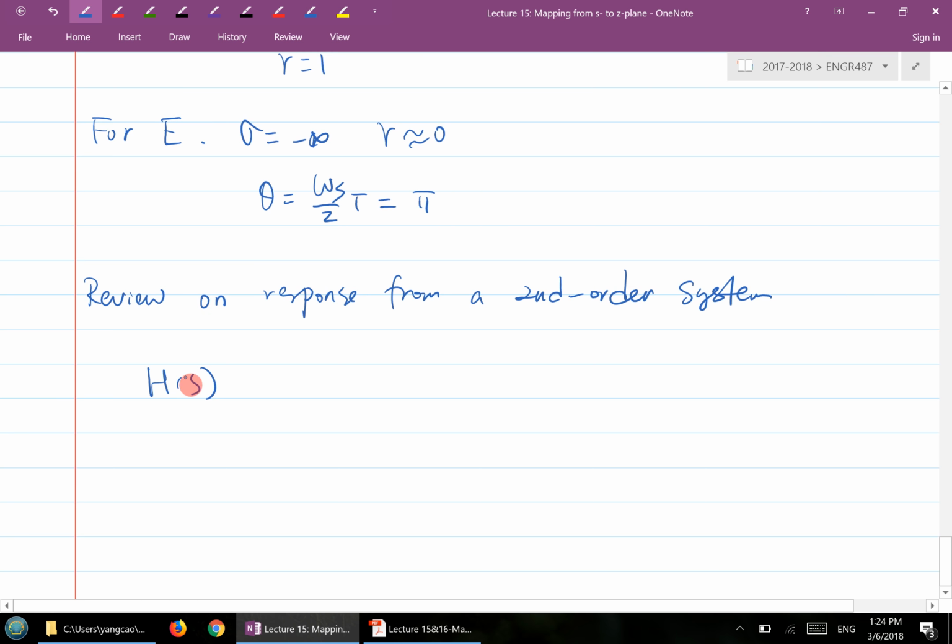The Laplace transfer function for a second order system, okay, is written like this, in terms of the natural frequency and the damping ratio parameters. Now, why am I focusing on the second order system?